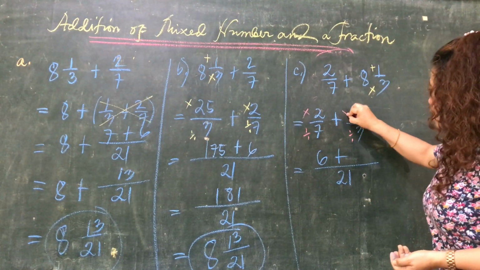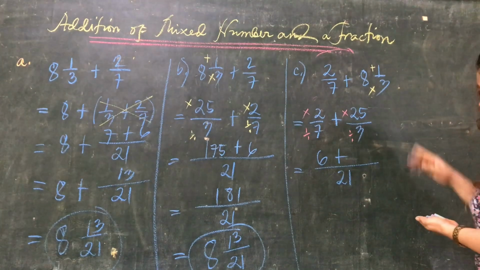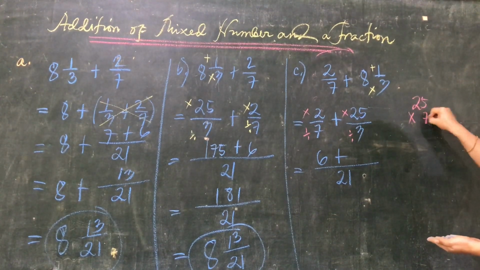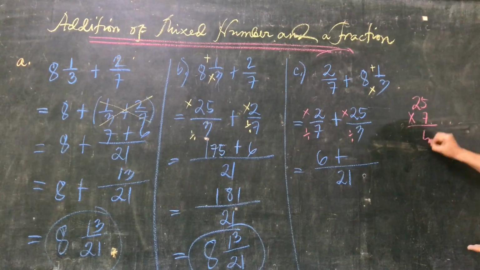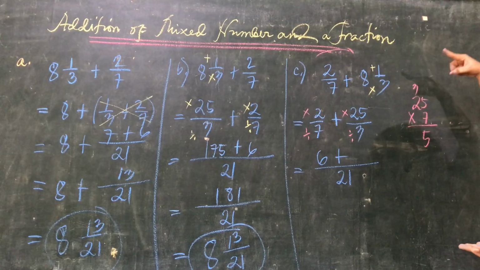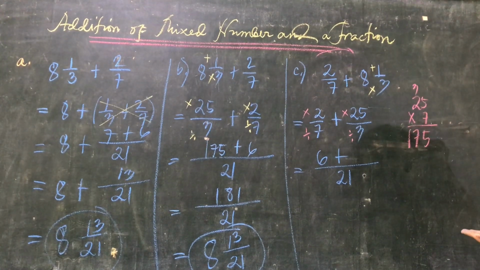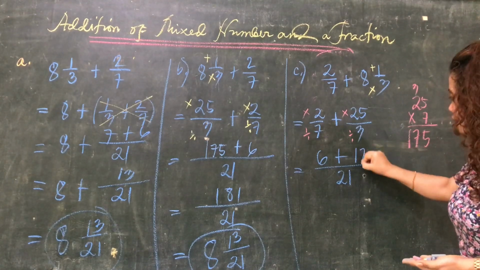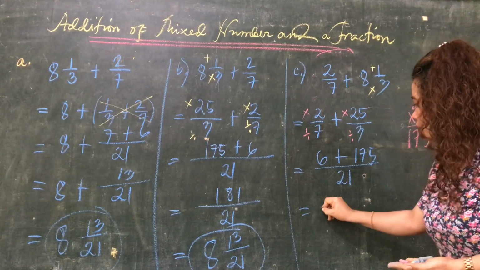Ang 7, i-times sa 25. 25 times 7, 7 times 5, you have 35, 7 times 2, 14, 14 plus 3, you have 17. 175, equals bar.